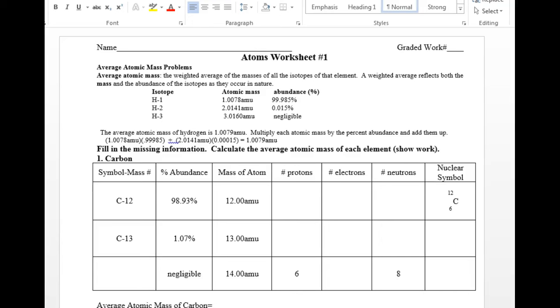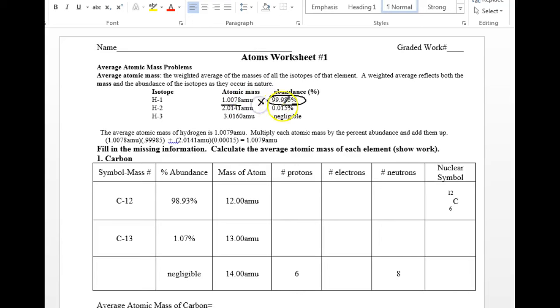Whenever you're doing average atomic mass, you just take the mass and multiply it by the abundance. Abundance is in percentage, so you divide the abundance by 100, and that's what you multiply by. So here we'd have 1.0078.